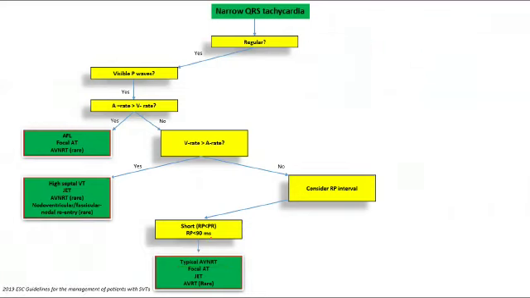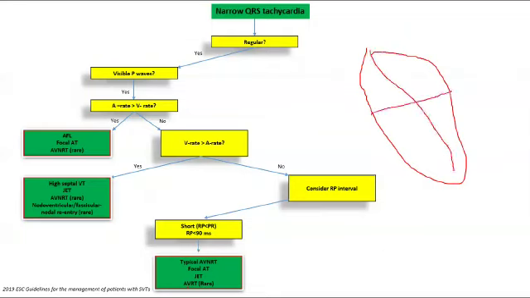So that's why typical AVNRT is number one on the list, because it usually has a very, very short RP time. But it's rare with AVRT, because with AVRT, let's say for instance, you have an accessory pathway, and then you have antegrade conduction down there.